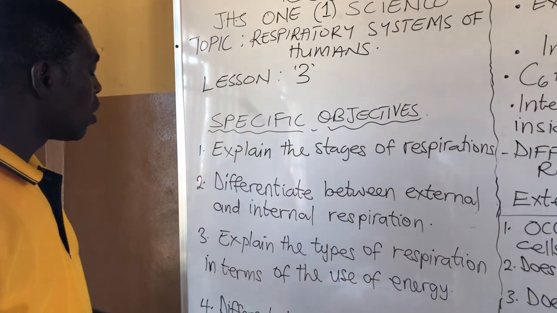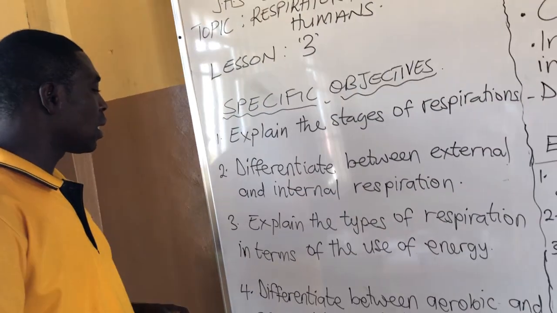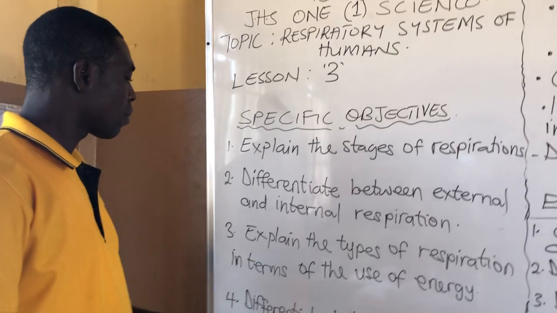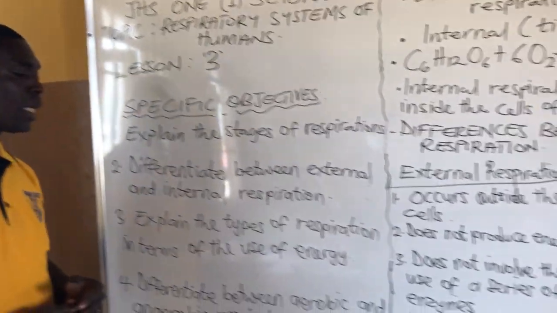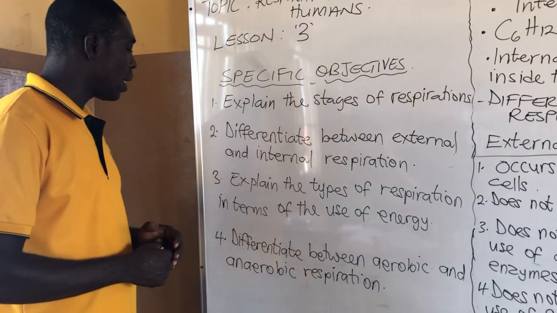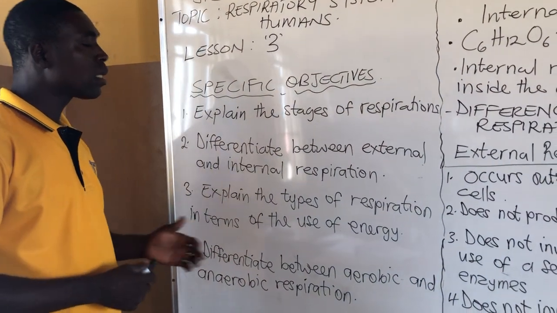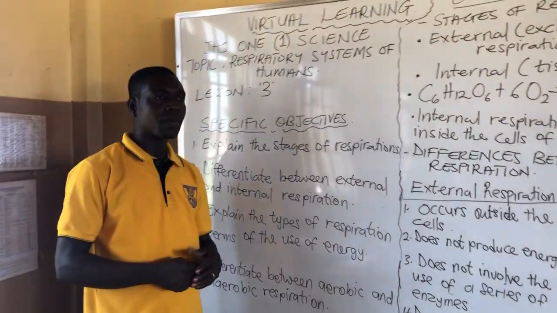Three, explain the types of respiration in terms of the use of energy. And last but not least, differentiate between aerobic and anaerobic respiration. So this is what we are expecting to achieve at the end of today's lesson.